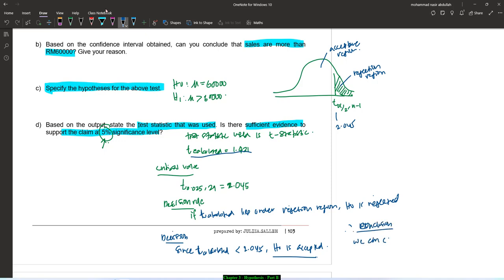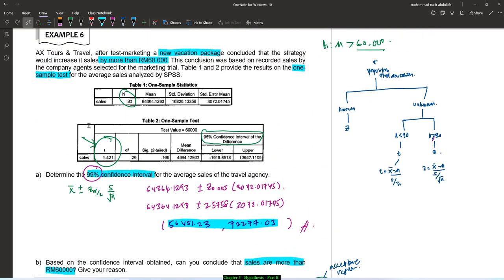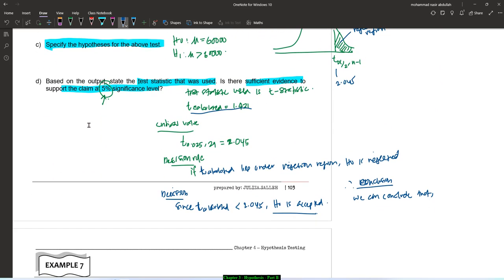We can conclude that the average sales is less than RM 60,000.